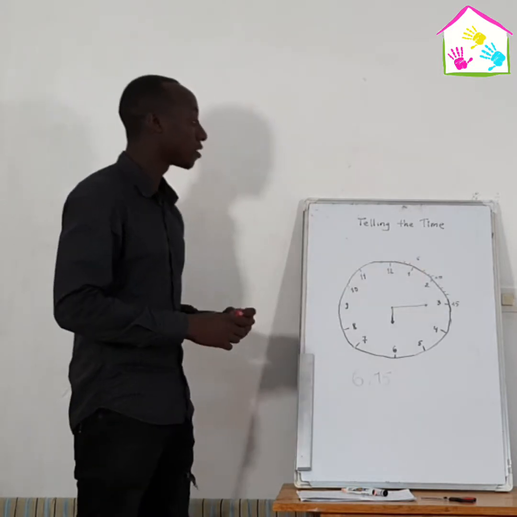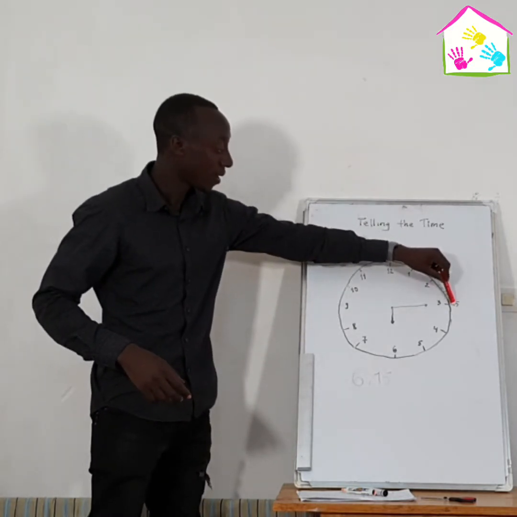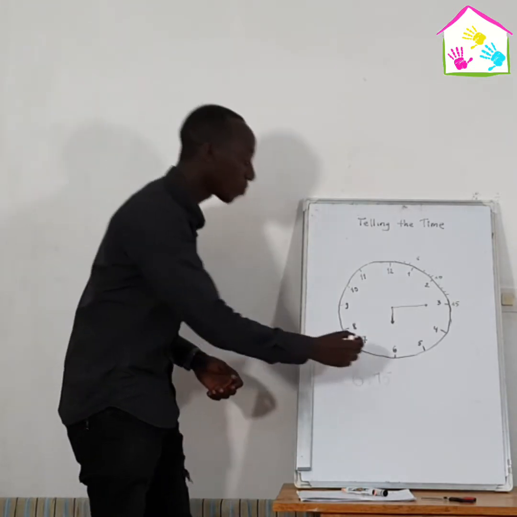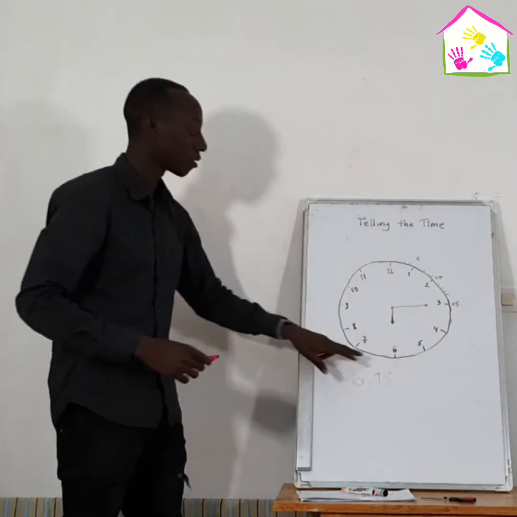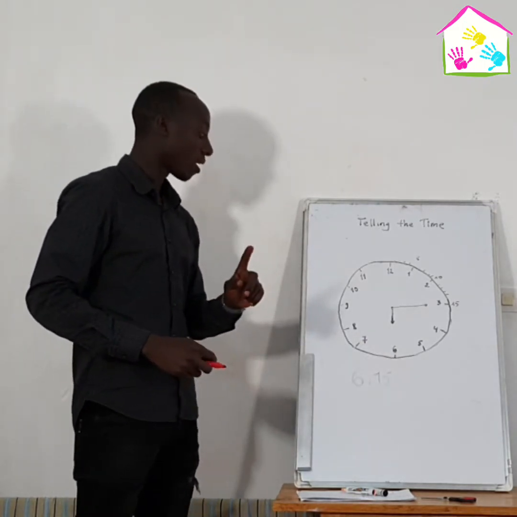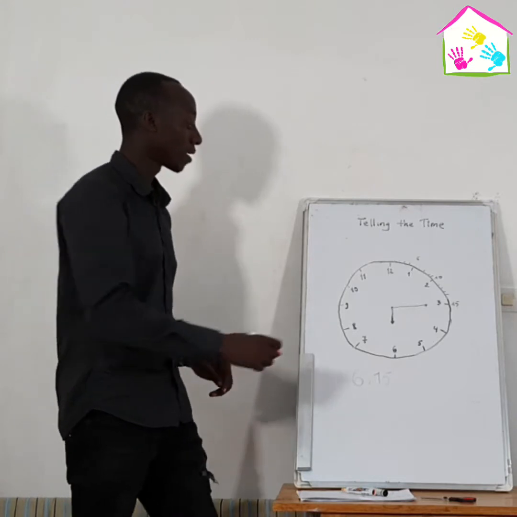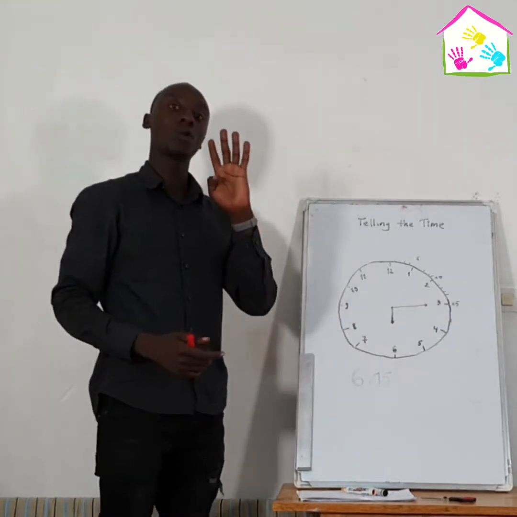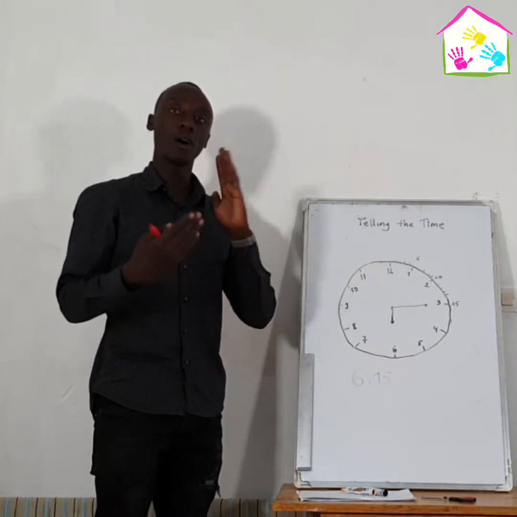We say it is a quarter past 6. We use past most of the times. We use quarter when it is 15, because 15 is a quarter of 1 hour.